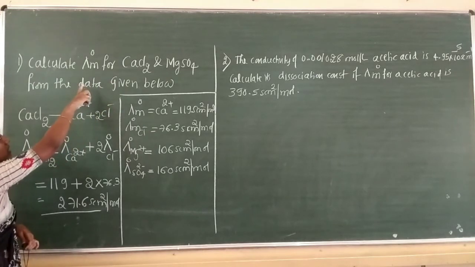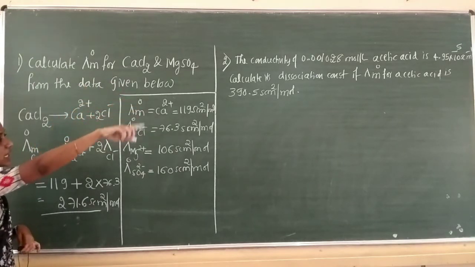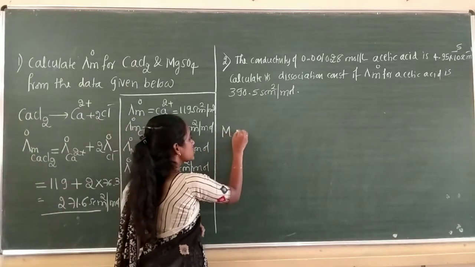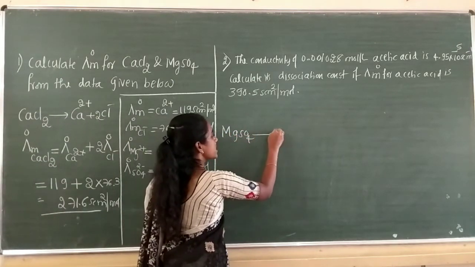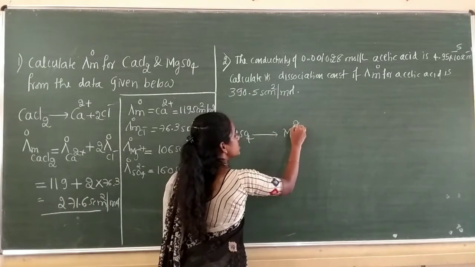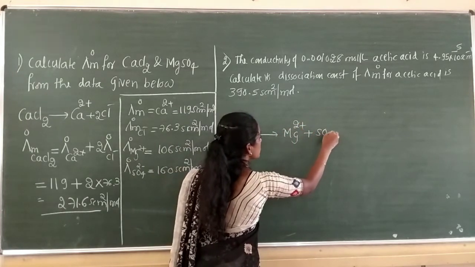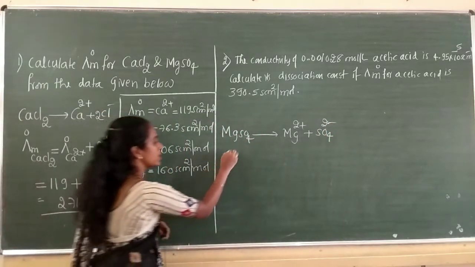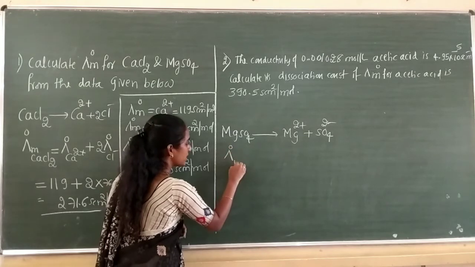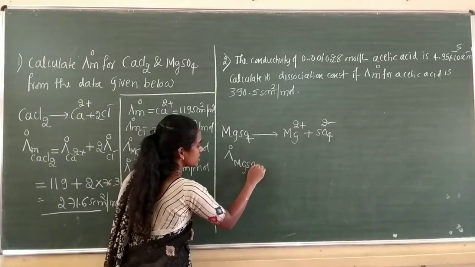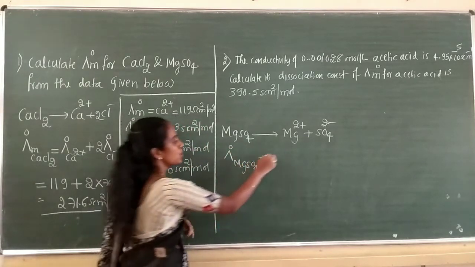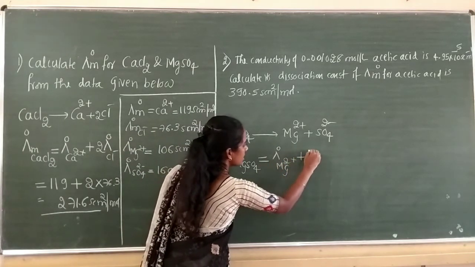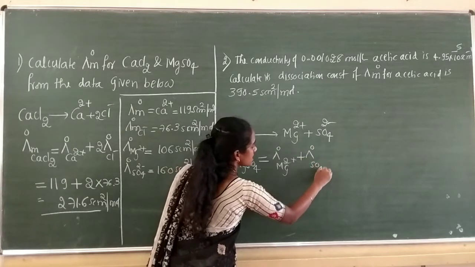Let us calculate the limiting molar conductivity of one more electrolyte, that is magnesium sulfate. We know that magnesium sulfate dissociates to produce Mg2 plus ion and SO4 2 minus ion. No need to balance the equation. According to the law, the limiting molar conductivity of the electrolyte MgSO4 is equal to the limiting molar conductivity of magnesium ion plus the limiting molar conductivity of sulfate ion.